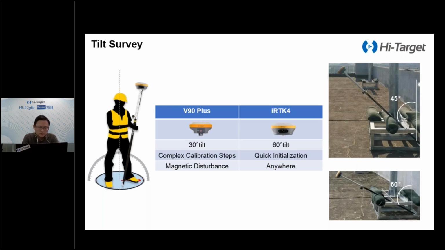Compared with the old generation V90 Plus, it can tilt at more angles, initializes quickly compared with before, and will not be affected by the magnetic environment.